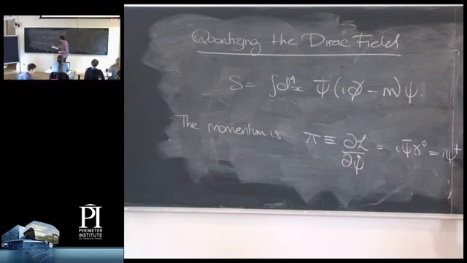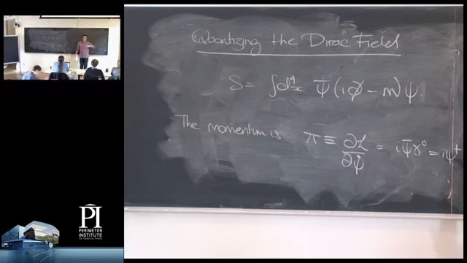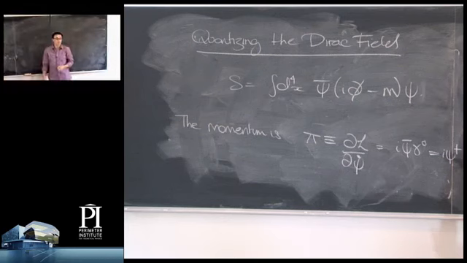Here that's not true. The correct statement is that you need to specify the field and its momentum, but we see now that the momentum is just the conjugate of the field. So the initial data you need to specify is psi as a complex field at the initial slice, and then this first order equation takes you on over from there.